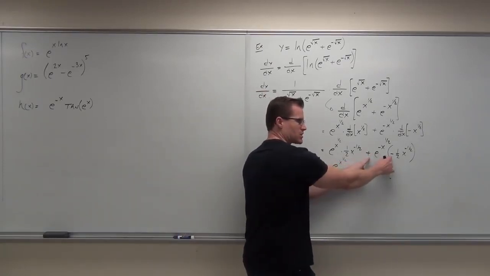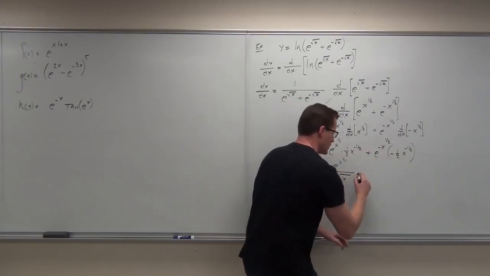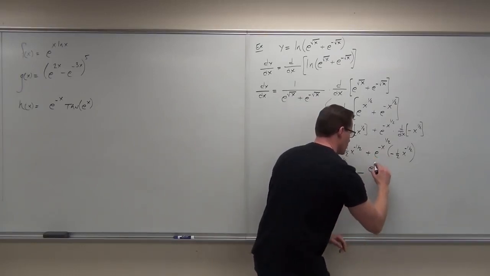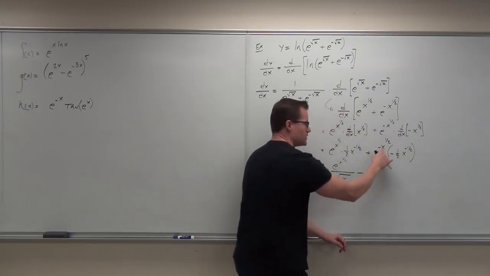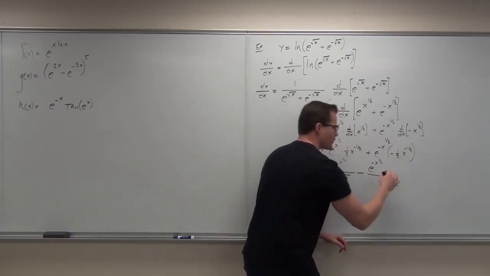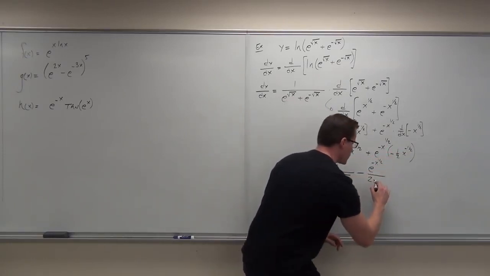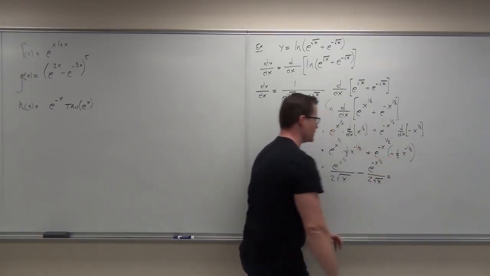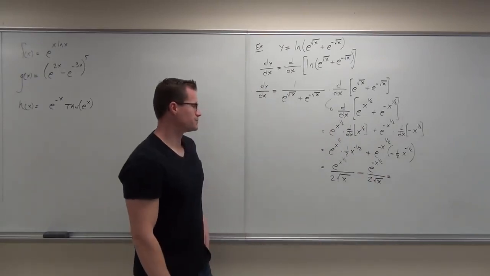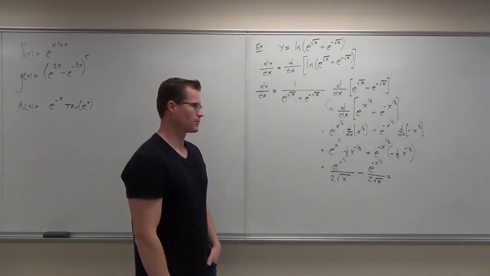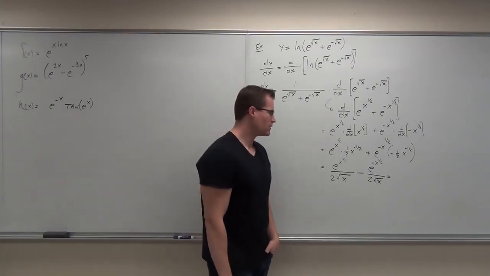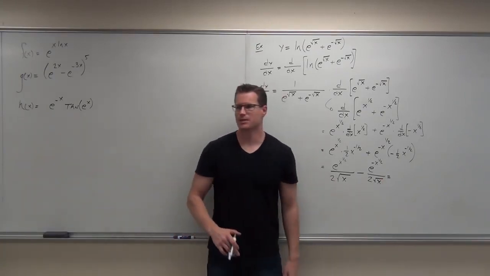That changes this to e to the negative x to the 1/2 over, same thing happens here. We've got a square root of x on the denominator. Yes, no? Okay.